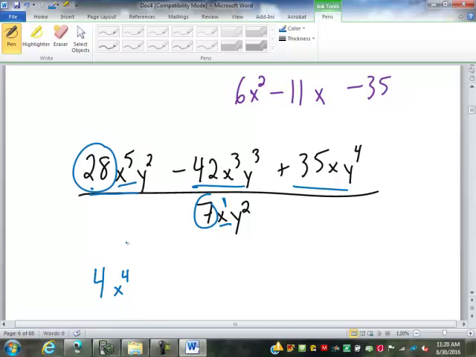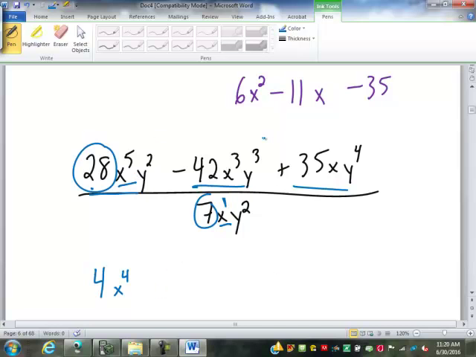Well, actually, the y's disappear because it divides out. Y squared divided by y squared is just 1, so we don't need to put it in there. It's not y to the 1, it's just 1. Technically, 2 minus 2 is 0, and y to the 0 is 1, so we don't have to put it in. So the y squareds cancel out.